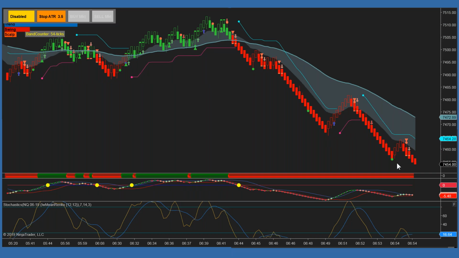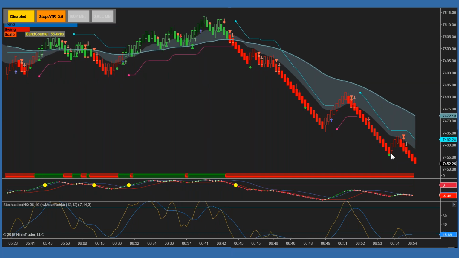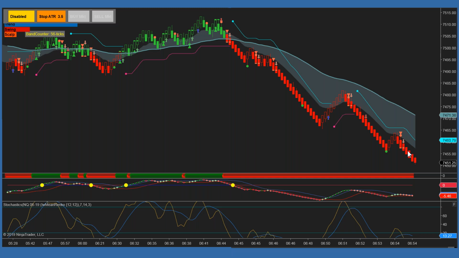We have another little move lower, and so now we've got a market that seems to be in a little bit of a runaway, and we're looking for a chance to get back in.